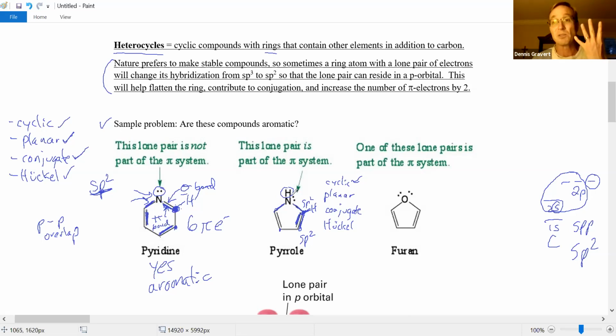You need 4 orbitals, 1 for each of those sets of electrons. You got a single bond that needs an orbital, another single bond, and another single bond, and a lone pair. You need 4 orbitals. And then to make a hybridized system, you need an s, a p, and a p. 3 p's and an s, your sp3 hybridized nitrogen. That's our prediction.